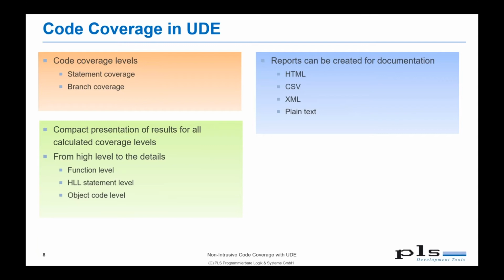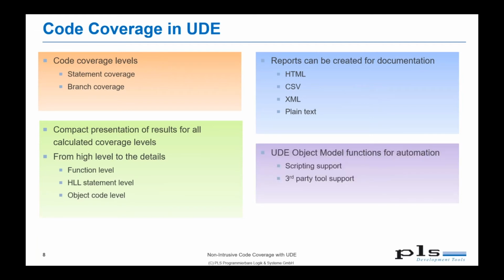Reports can be generated to document the achieved coverage levels of the tests. For this purpose, there are different output formats available. The UDE code coverage functions can also be accessed by the software API that UDE provides. It is called the UDE object model, which supports scripting and also connecting third-party tools to the debug tool.